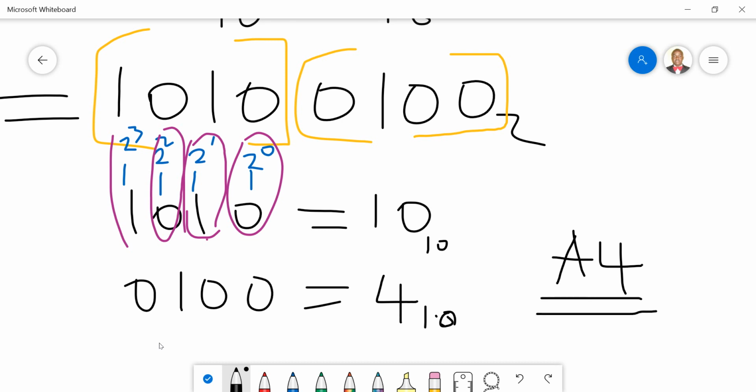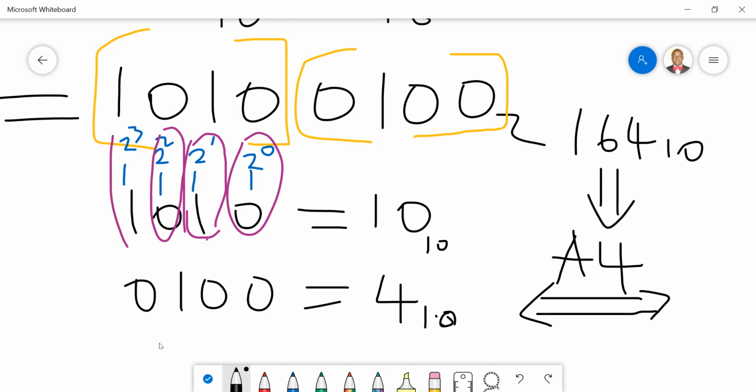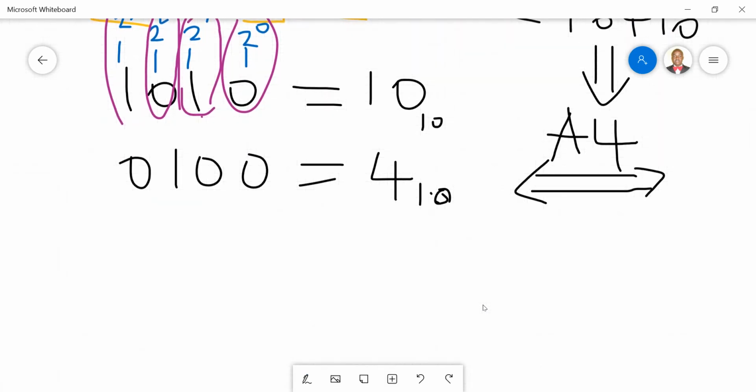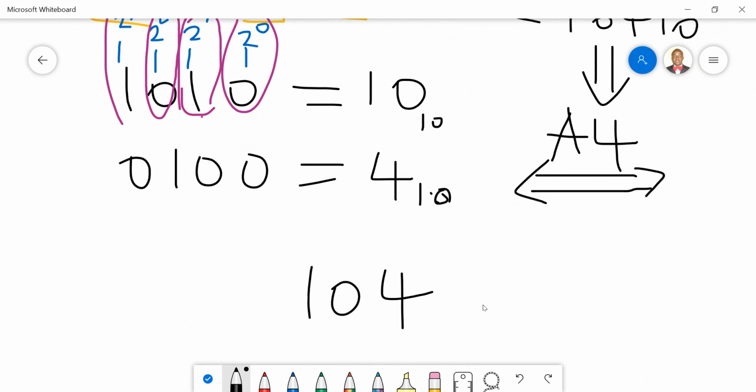I'm going to show you how we get this A4. Here we're saying 164 base 10 is equal to A4. Why do we write A4 instead of saying the answer is 10 4?